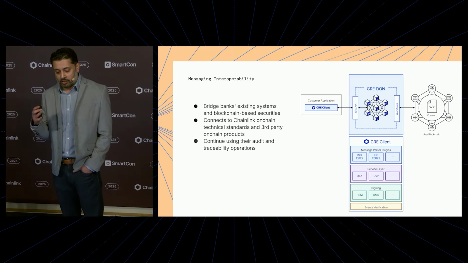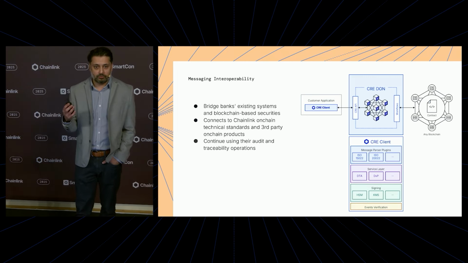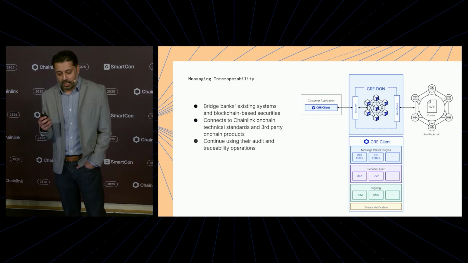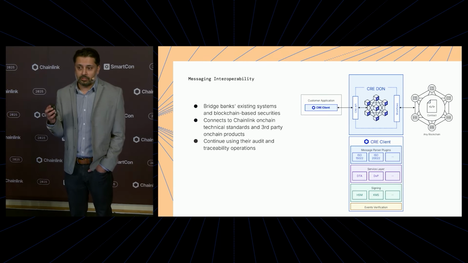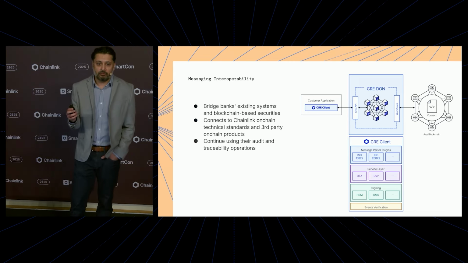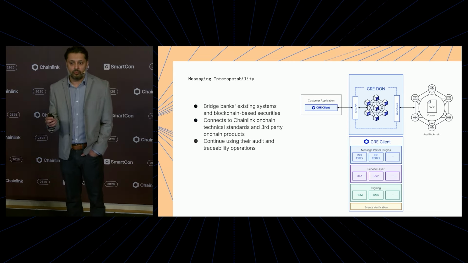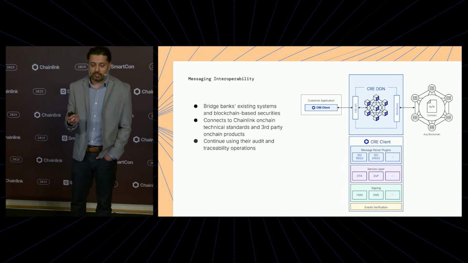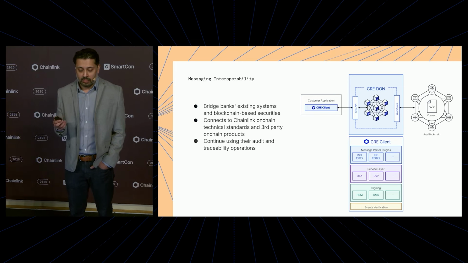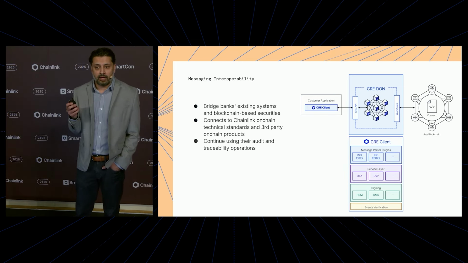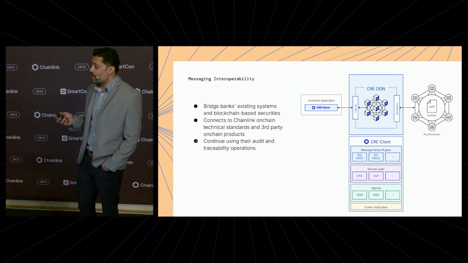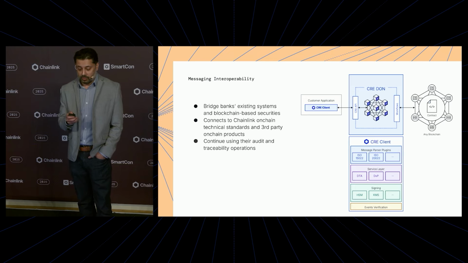The application is going to submit a request for subscription. It's going to do an on-chain subscription request. And when it does that, two things are going to happen. One is we're going to see a blockchain operation happening where a Swift message is going to come in from the customer application, goes into CRE. CRE will translate that into a blockchain operation. And then once that's done, CRE will validate that execution has actually happened. Once that happens, it will then send a message back to the customer application via Swift.